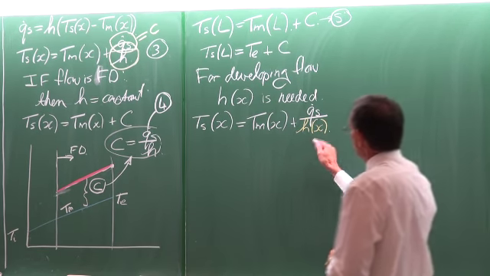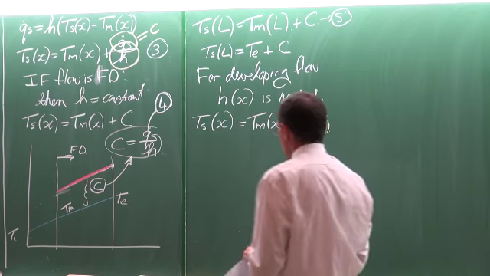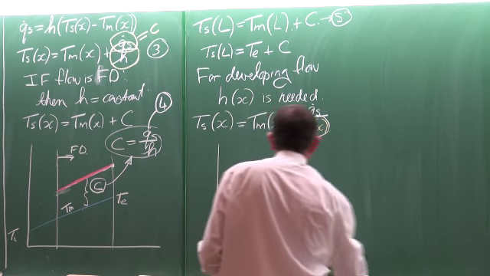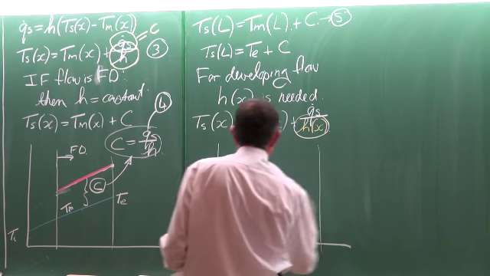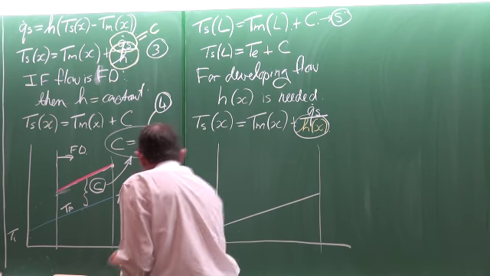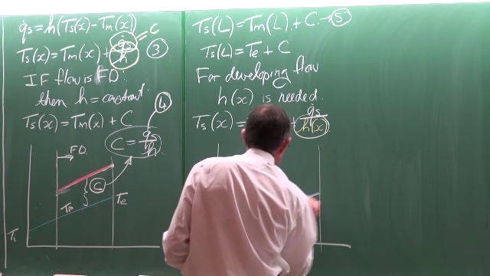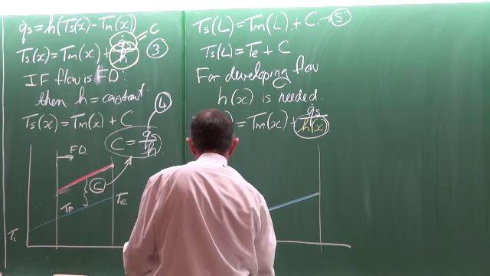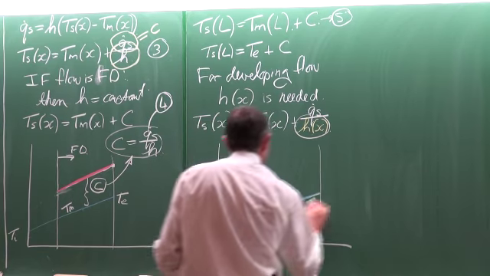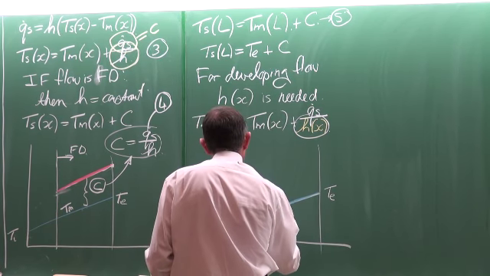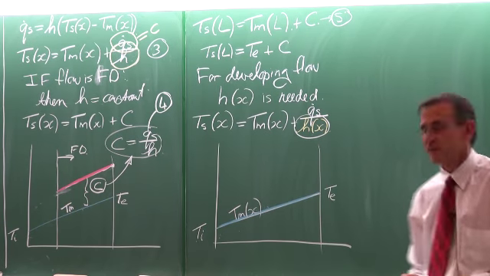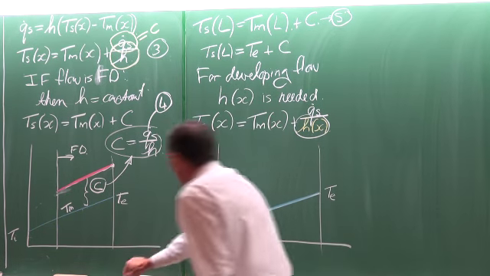Only if you can get this will you be able to complete your graph. There's your blue line. That would be the inlet temperature, that would be the outlet temperature, that would be the mean temperature of the fluid as a function of x.